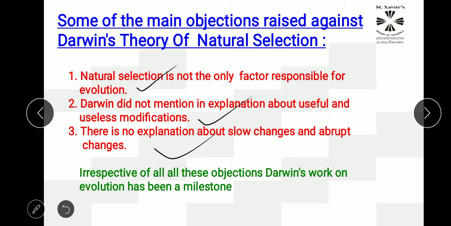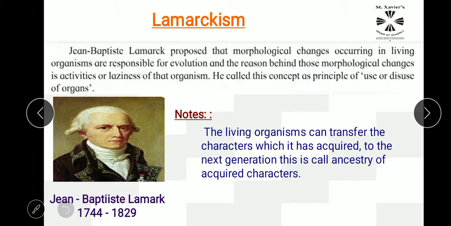He did not discuss these changes, students. So this was again a failure of Darwin's theory. In spite of all these objections, Darwin's work on evolution has been a milestone. These objections were raised, but Darwin's theory is still one of the milestones. Let us continue with the next.